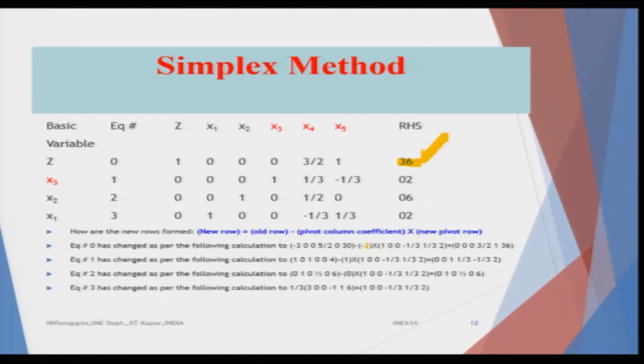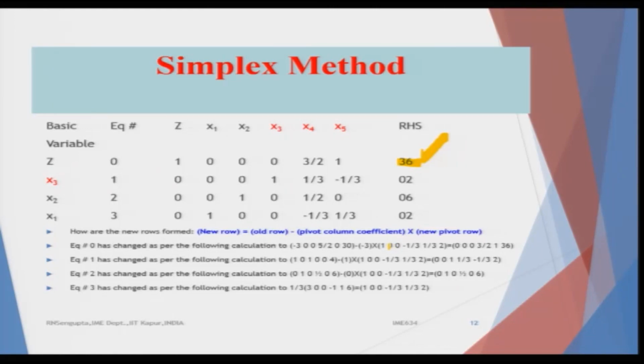The pivot column element is minus 3, corresponding to the value of x1, because that was the only contender which is going to enter the system, based on which x1 would come into the system. Minus 3 into the new pivot row which you already have, 1 0 0 minus 1/3 into. So the actual value you get is 0 0 0, which is the norm as it should be. 3 by 2 is for x4, 1 is for x5, and interestingly 36 comes out, which is what we have already said about the objective function.